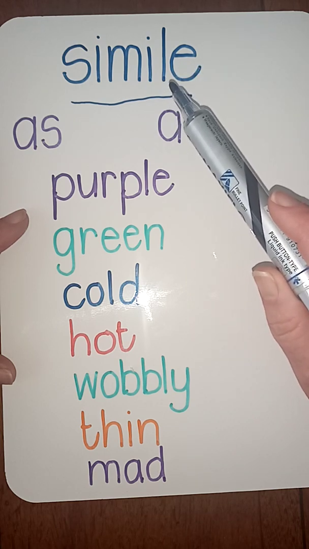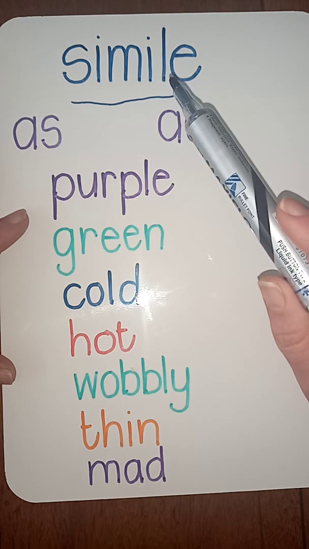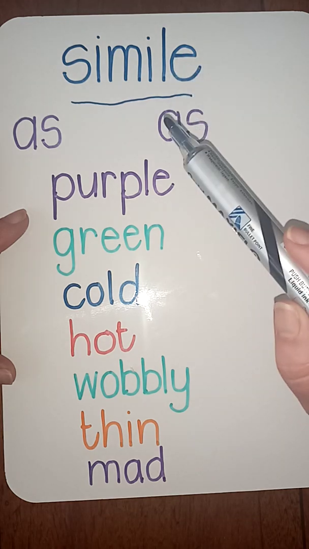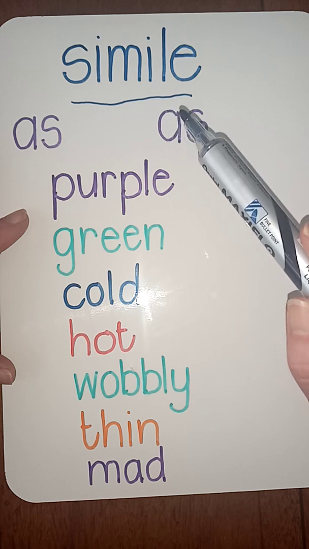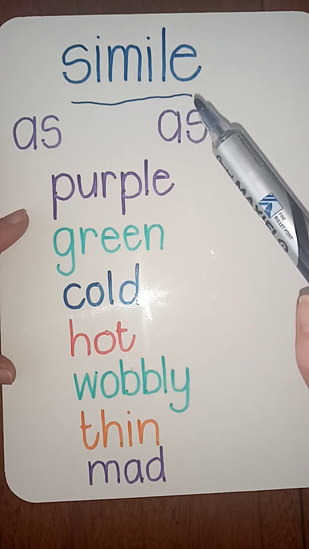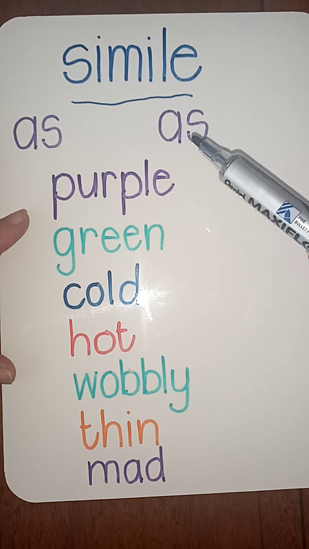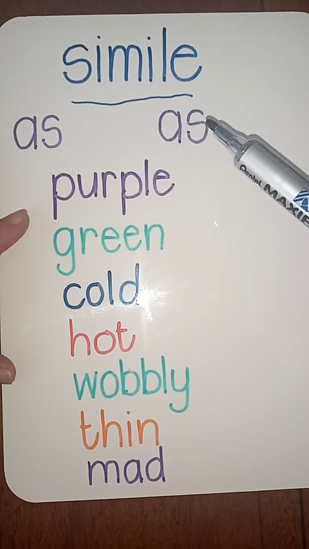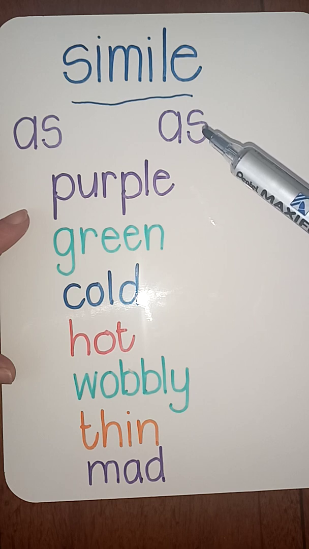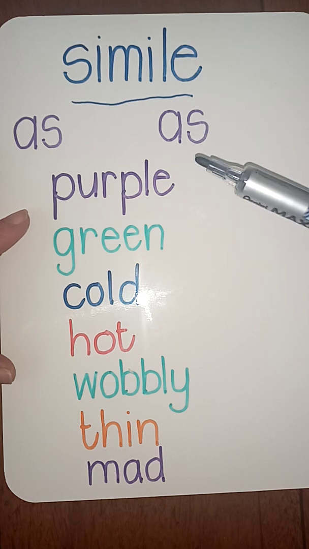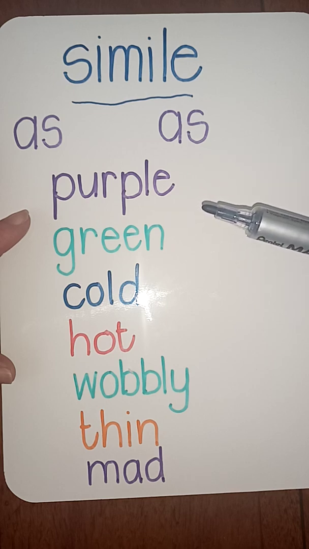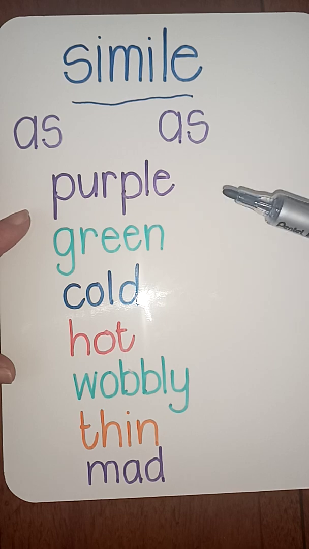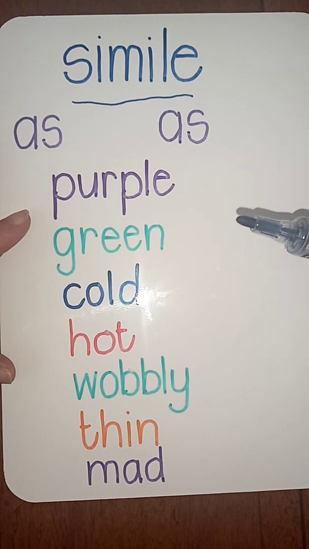So if you say that something is similar to something else, you can say a red pen is similar to a blue pen because they are both pens. They're nearly the same. They're a little bit different. So similar means they're nearly the same. It means that they're not exactly the same. Otherwise, it would be the same. But when they're similar, it means they're nearly the same.